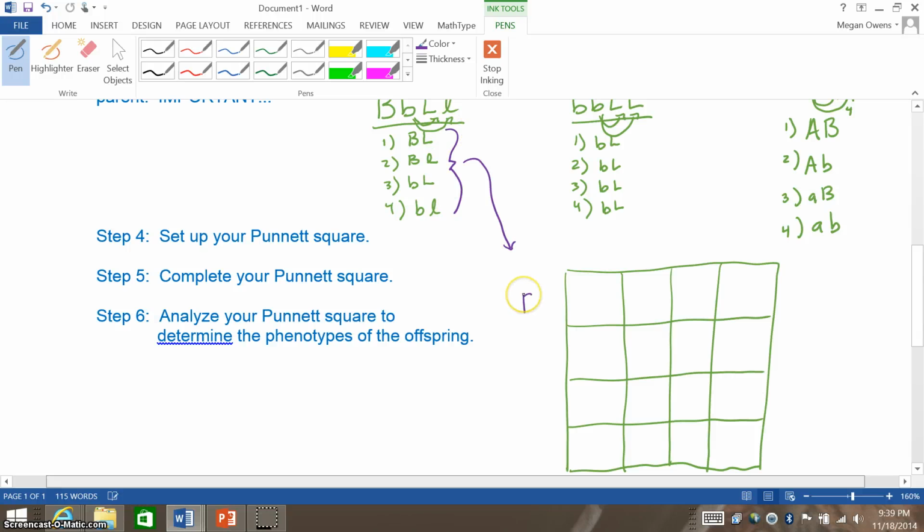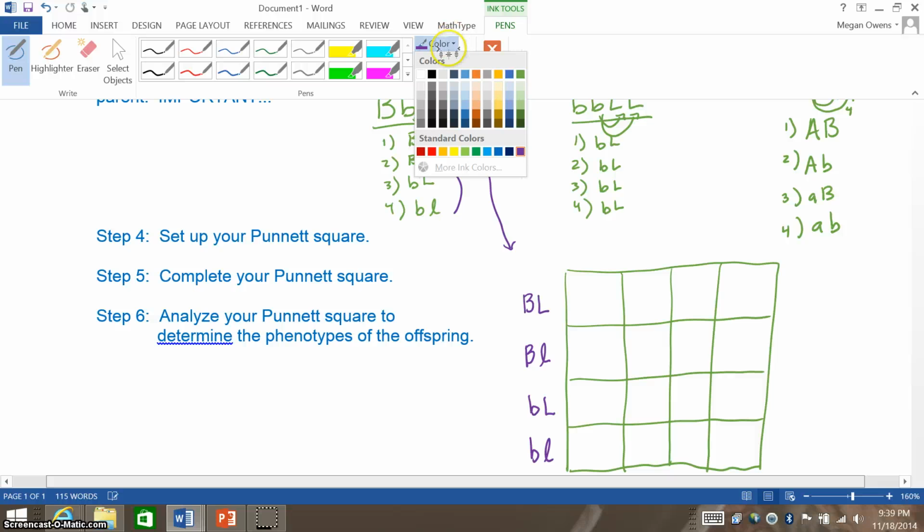So I would say big B, big L, big B, little l, little b, big L, little b, little l. And I double check that my handwriting's correct and I transfer those correctly.